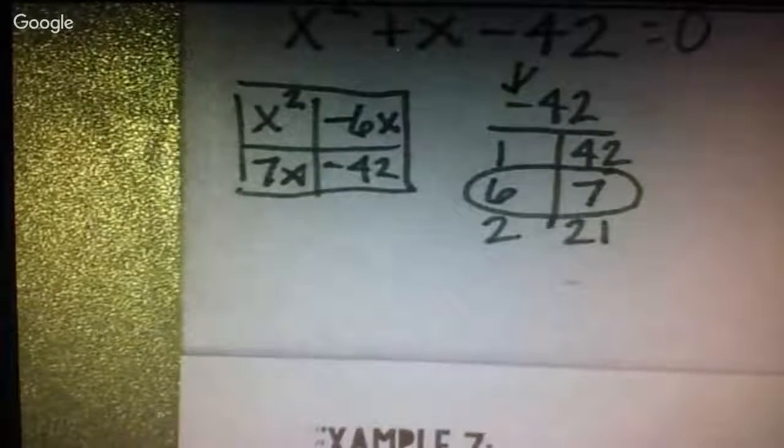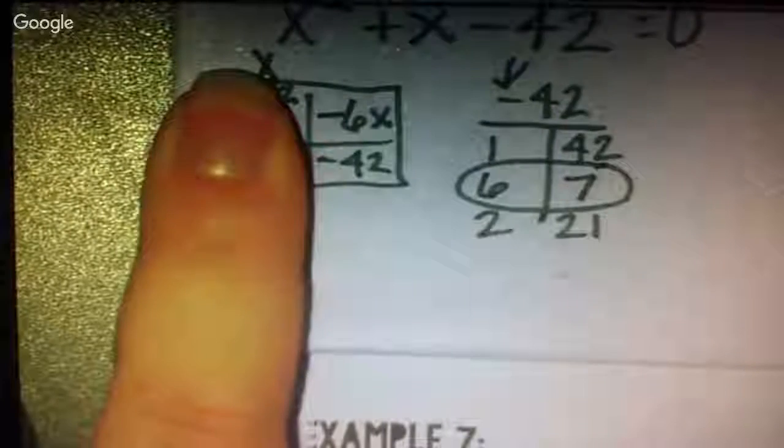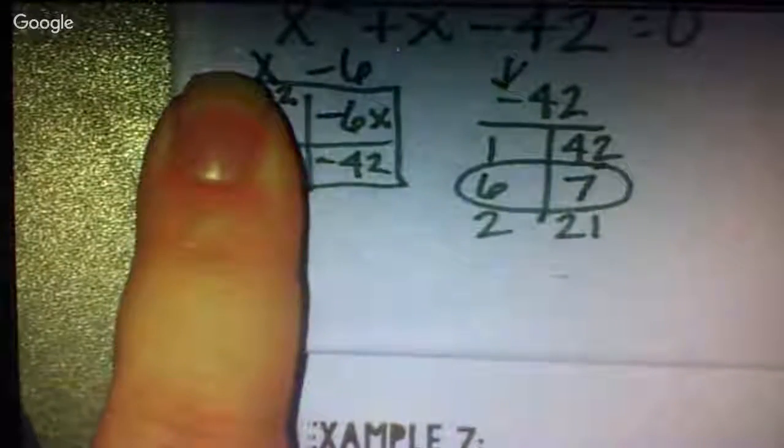Now I need to factor out. What do x squared and 7x share in common? x. So that comes out. What do negative 6x and negative 42 share in common? Negative 6. Now we go this way.